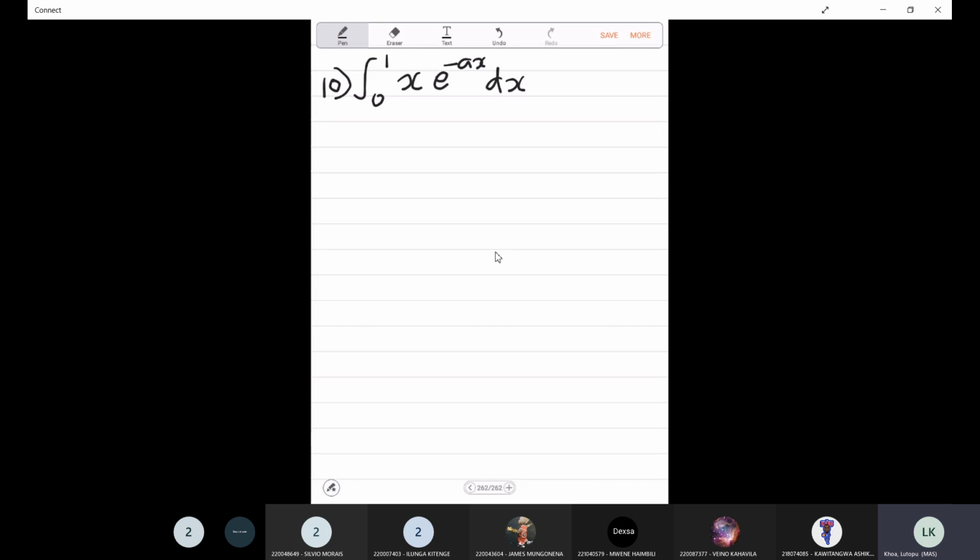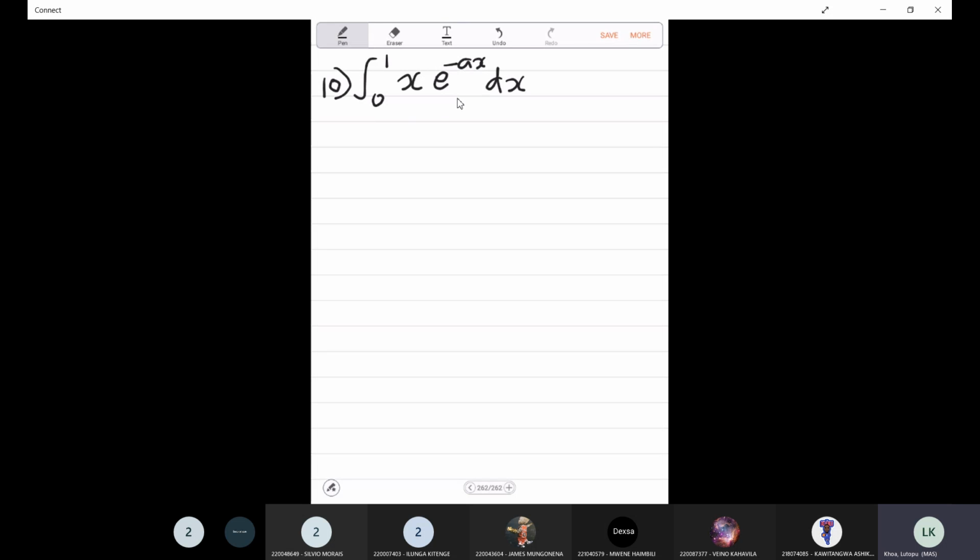With this one here, I can use the DI method, but I see that as soon as I integrate this once, I won't have to do a lot of integration afterwards. So with questions like this, I won't have to use integration by parts again. You can use that method, it's fine, you'll get to the same answer.